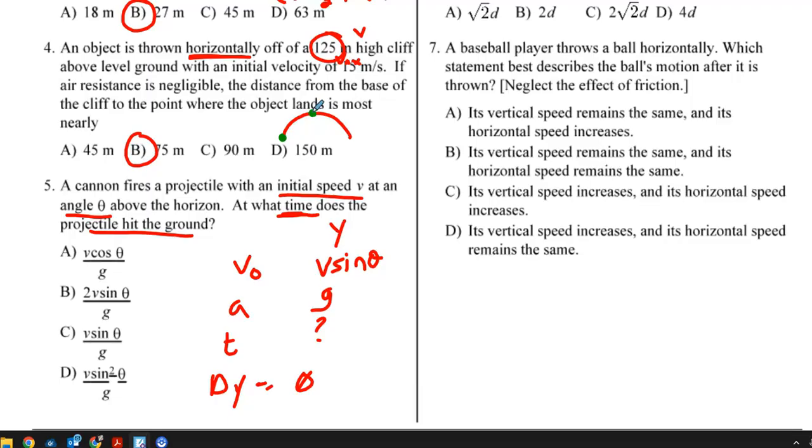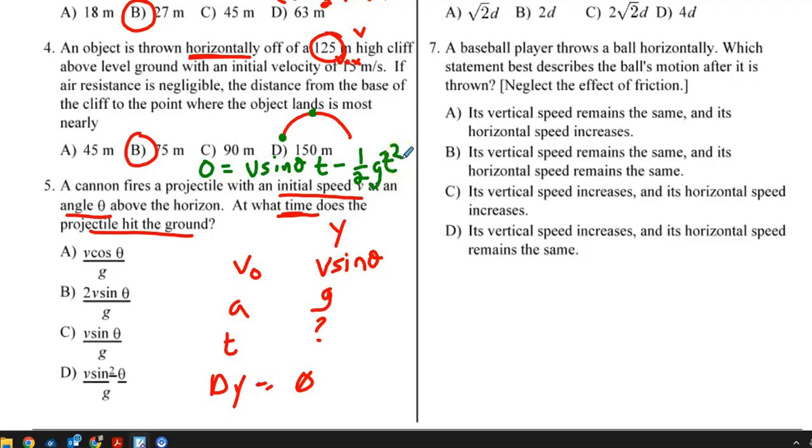And so what I can say is the equation I want to use, and again I'm struggling for space here, is I can say if I want that 0, that's my change in y, equals v sine theta t minus 1/2 g t squared.